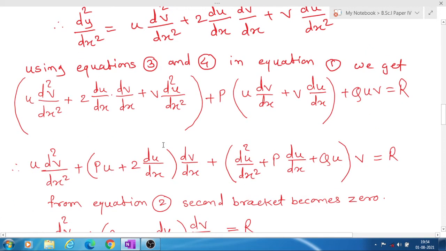So from this equation now we write equation for v. So first term, second derivative of v, that is u into d2v by dx square, then terms of dv by dx. So here is term dv by dx, 2 into du by dx into dv by dx, and here in this next bracket u into dv by dx.